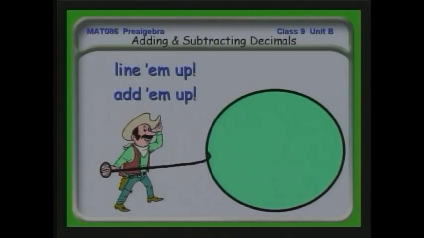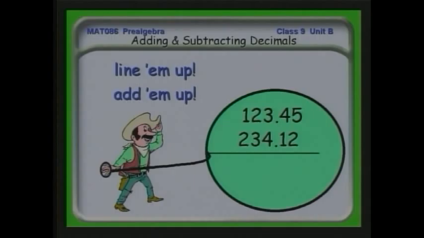What you need to line up are the decimal points, not the numbers themselves, because remember that to the right of any decimal part of a number, you can add zeros or not have zeros. The important thing to remember is when you say line them up, you're talking in this case if these numbers have decimal points to line up the decimal points. Let's take a look at that.